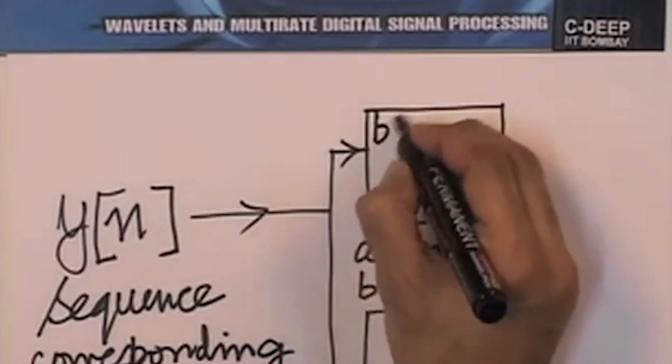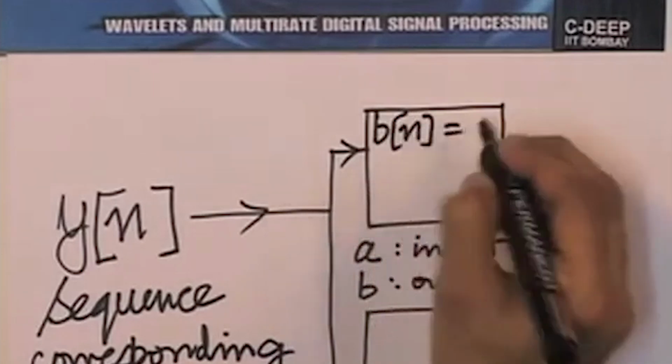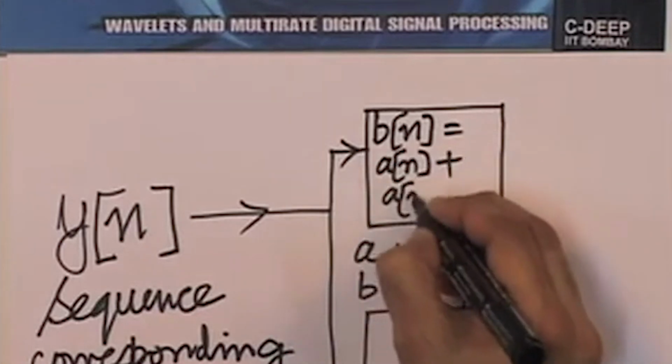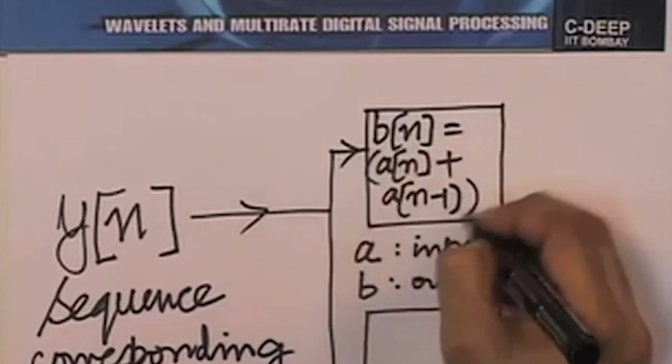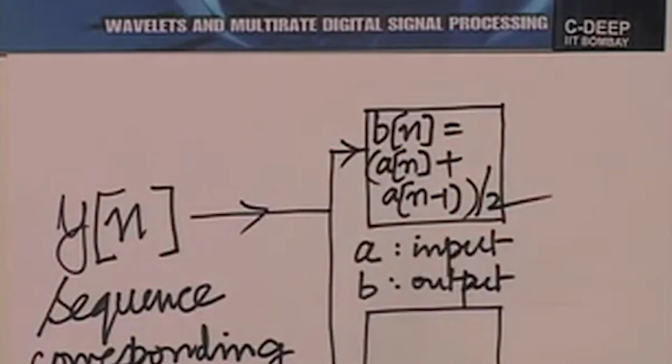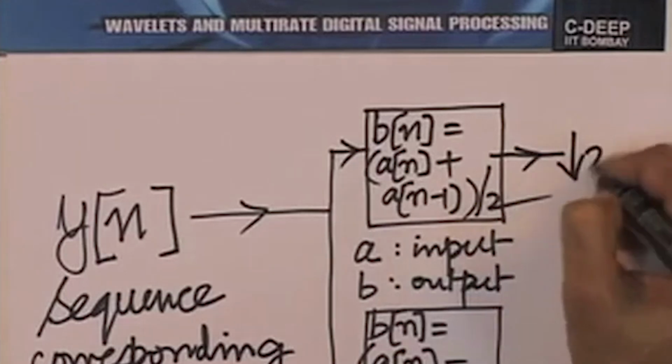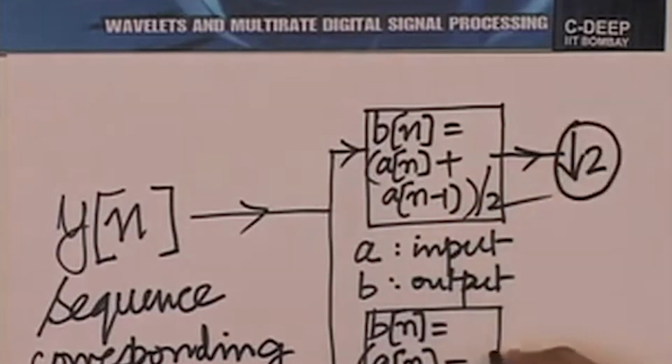So, I have B n is A n plus A n minus 1, by 2, and here I have B n is A n minus A n minus 1, by 2, and then I have a decimation operation as I talked about yesterday, a down arrow followed by 2.